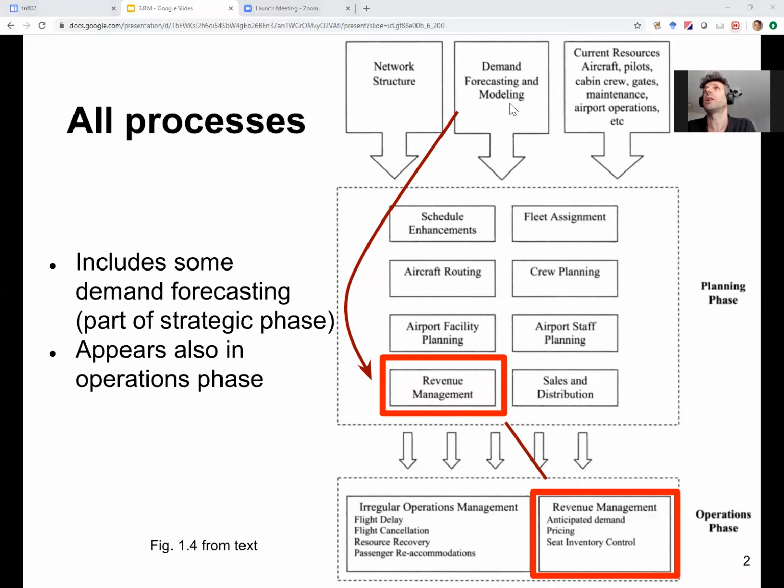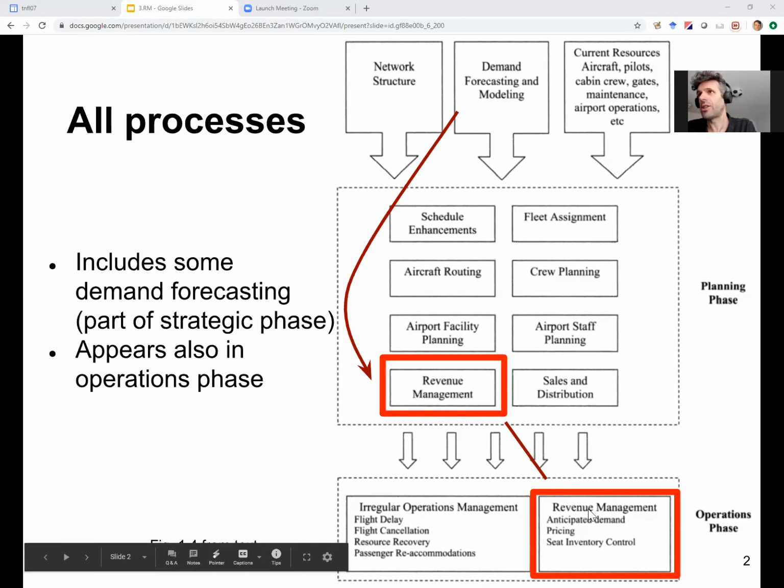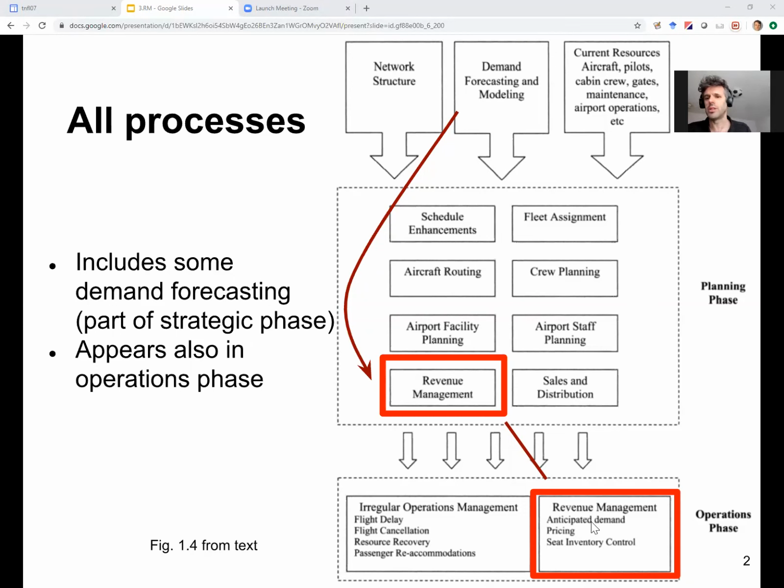We will speak about demand forecasting and modeling in a separate lecture. Revenue management is also used in the operations phase, right here when we look at the seat inventory control. This is something into which we go in detail, how to handle the different seat types or class types in an aircraft.